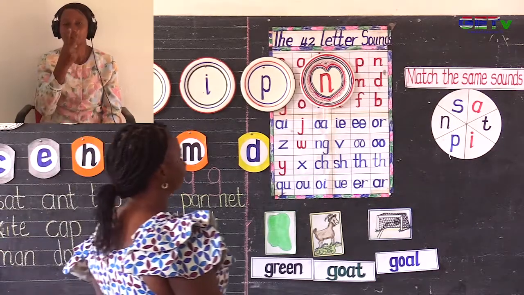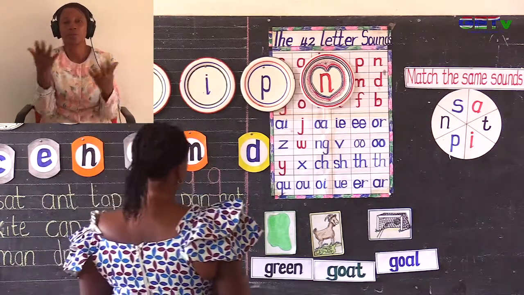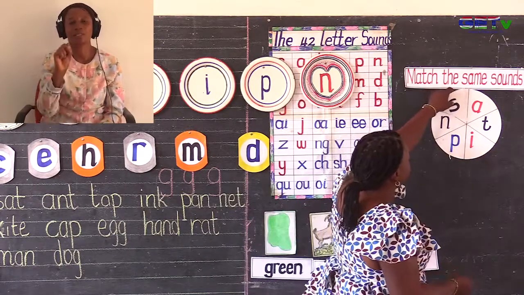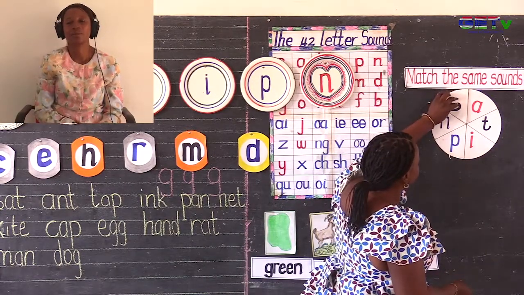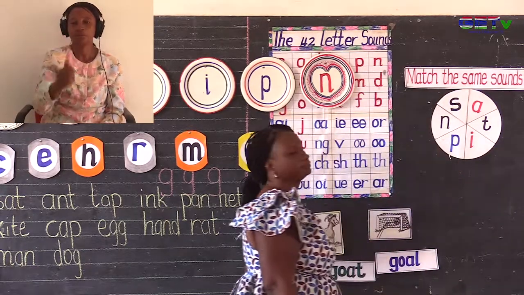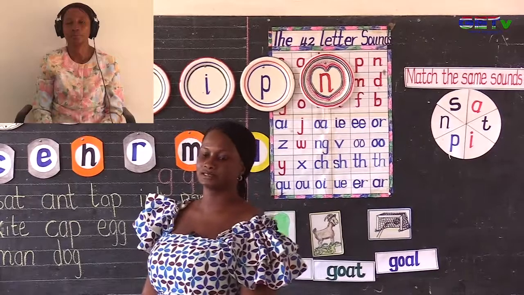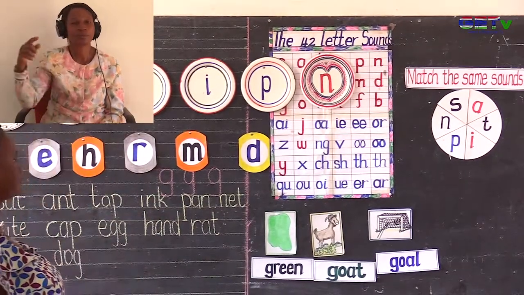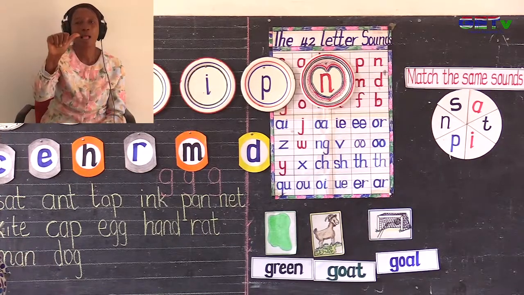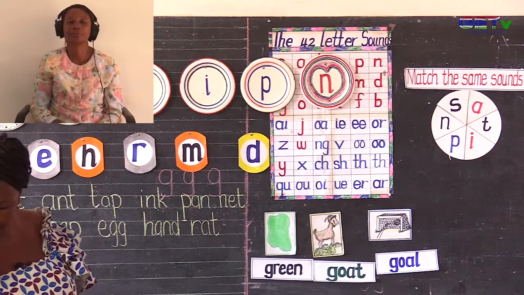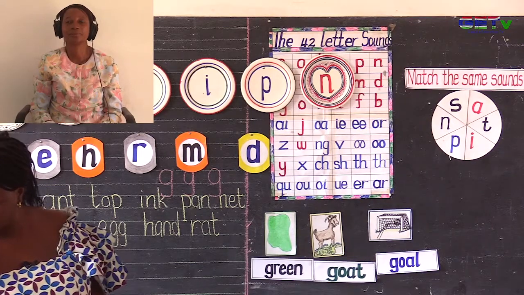Let's look at the board. Where do we have S? We have S here. We're going to place it there. Very good. That is the first sound. What is the next sound? A. Let's look at A. Good.